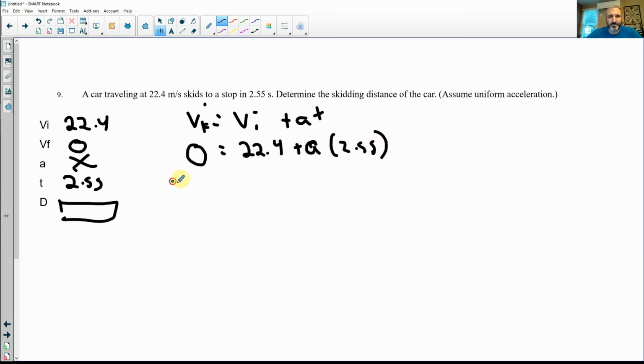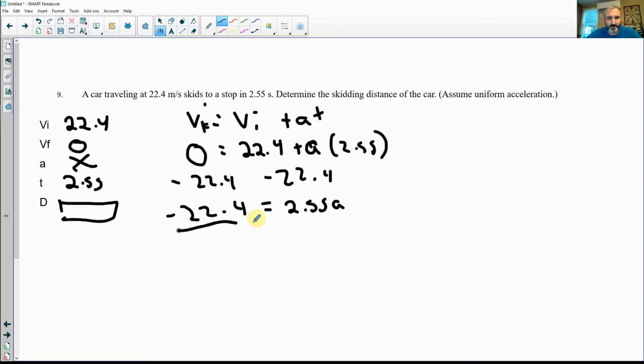So we're going to have to subtract 22.4 from both sides. Get negative 22.4 equals 2.55A. Divide by 2.55.